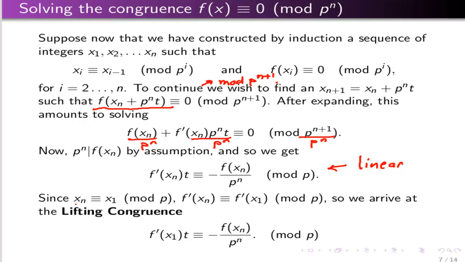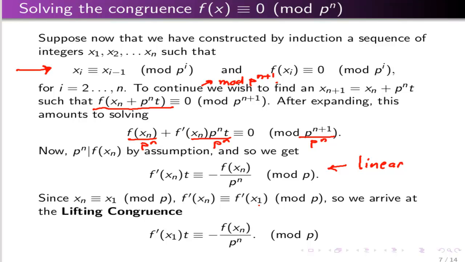And you can go one step further by observing that since xn is congruent to x1 mod p, that was coming from this condition right here, f prime, which is some polynomial, evaluated at xn, is congruent to f prime evaluated at x1.